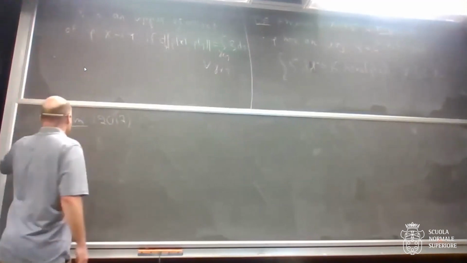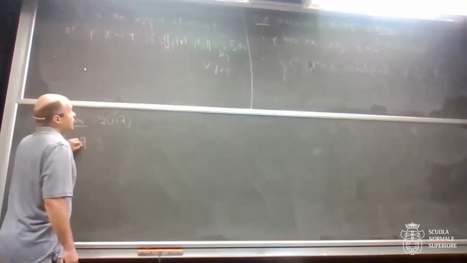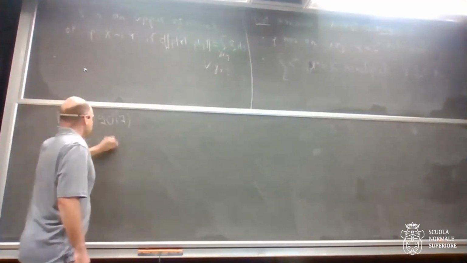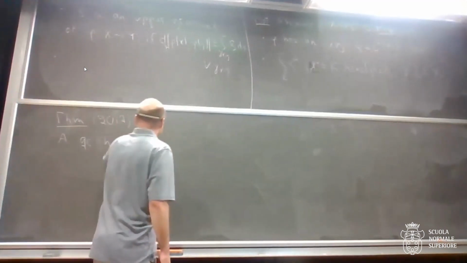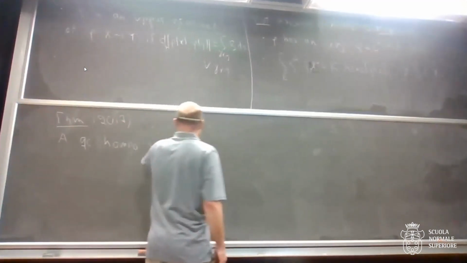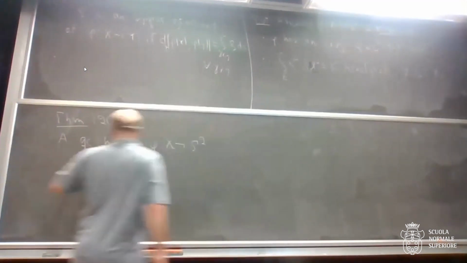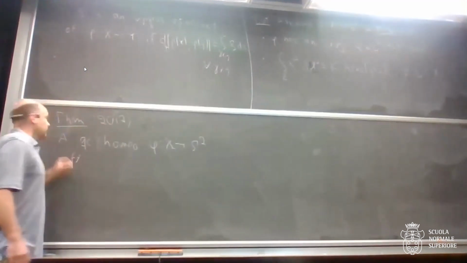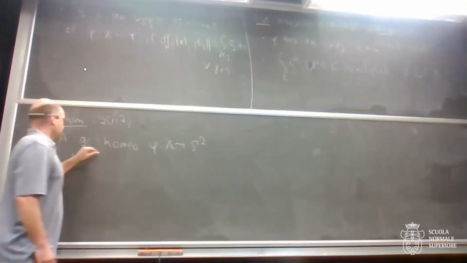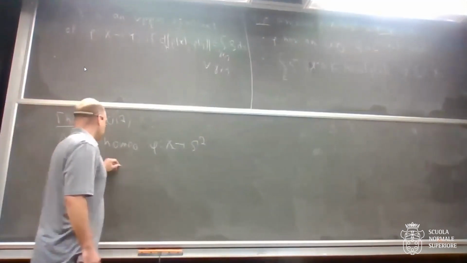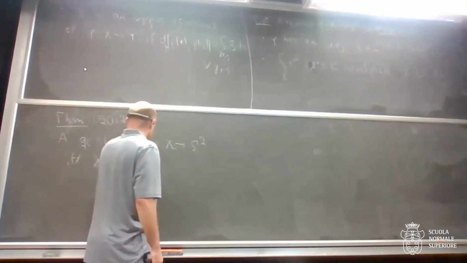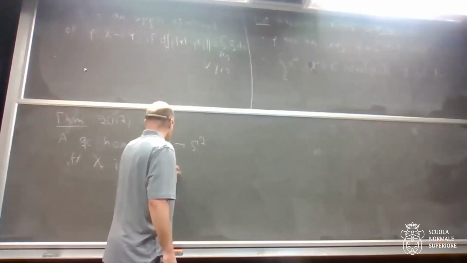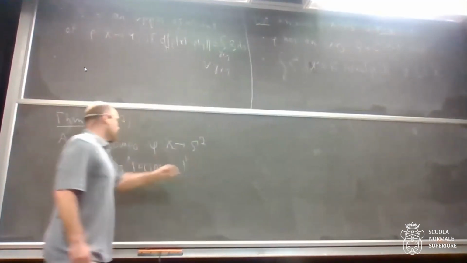The theorem is that there's a homeomorphism phi from X to S^2 if and only if X satisfies something called reciprocity, which I'm not going to define.